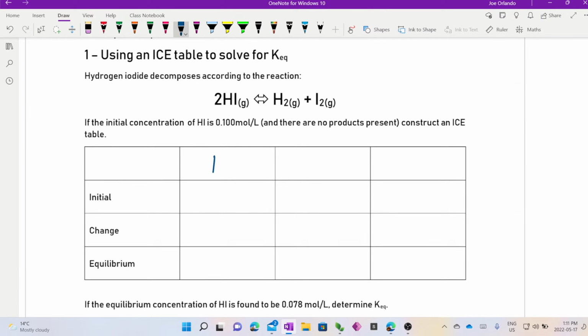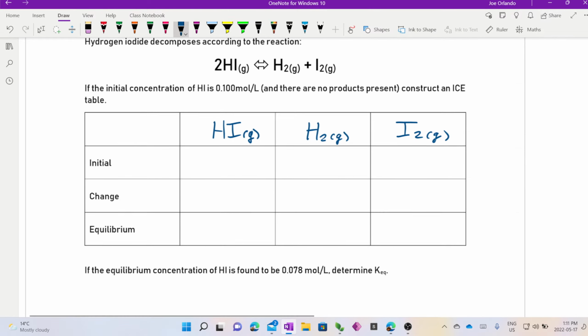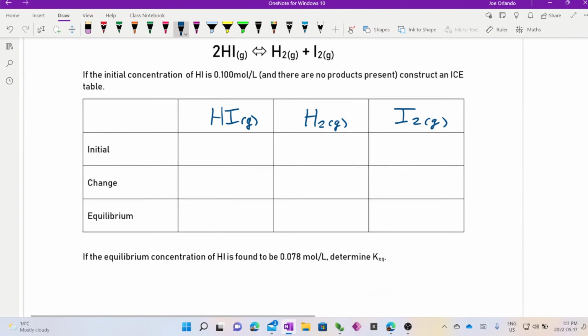Very good. So we have hydrogen iodide, which is a gas. That, by the way, is our reactant. And then what are the 2 products? Very good. Hydrogen gas and iodine gas. Or if you're a monster, iodine. Yeah, people say that. Not this guy.